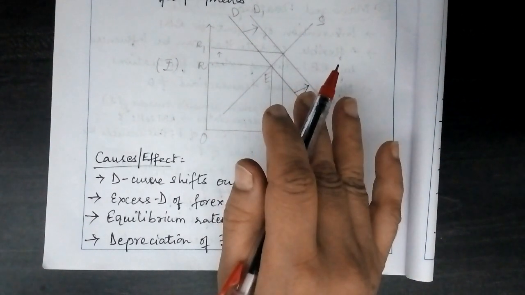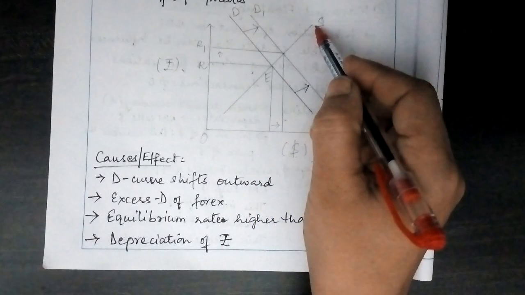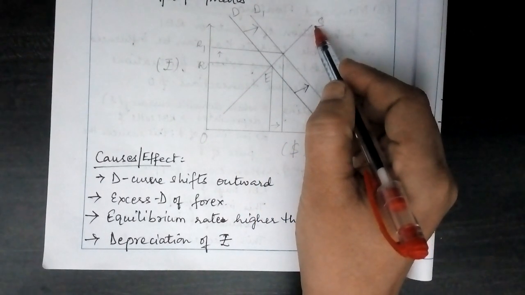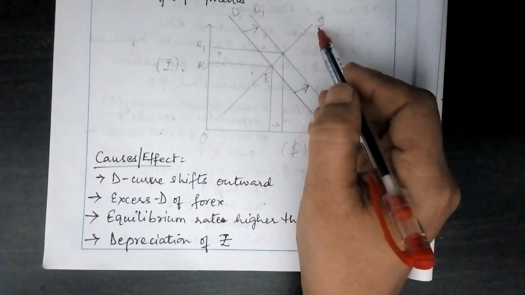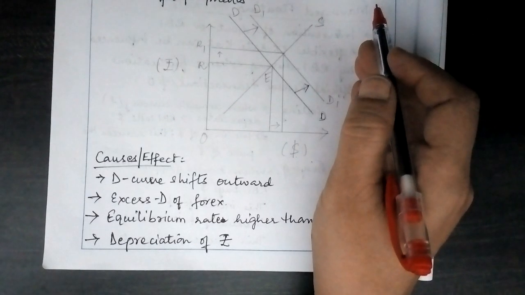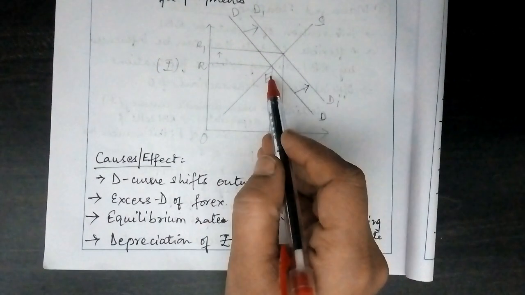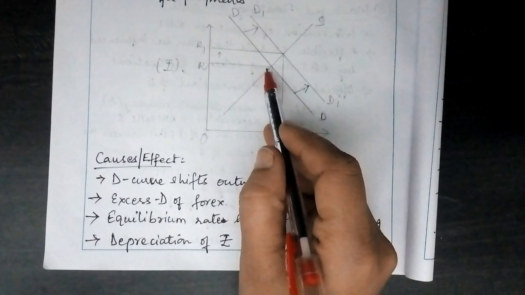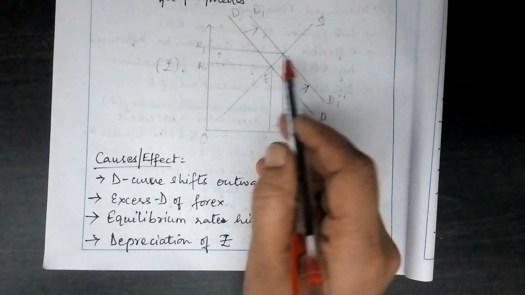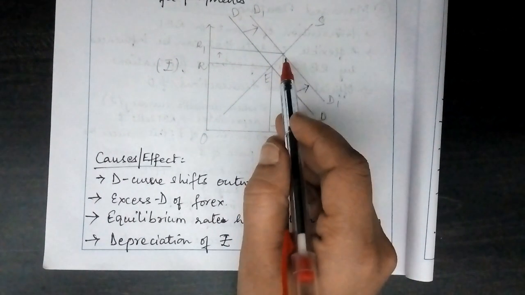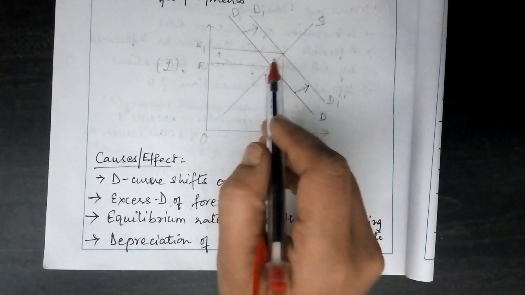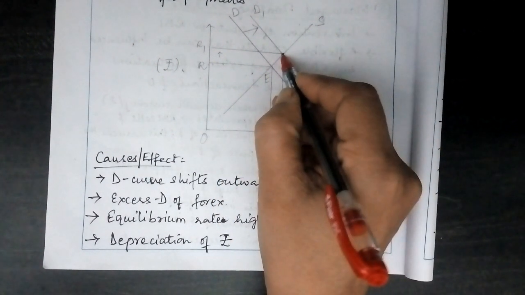Now the supply of foreign exchange remains the same. An increase in demand will cause excess demand of foreign currency at the prevailing foreign exchange rate. So what will happen as a result? The equilibrium will shift and a new equilibrium rate of foreign exchange will be determined here.